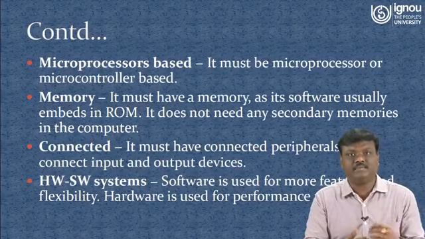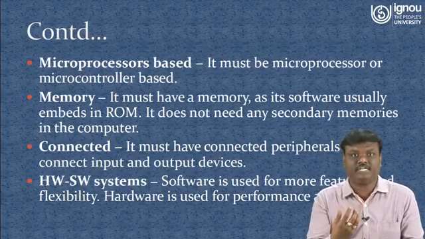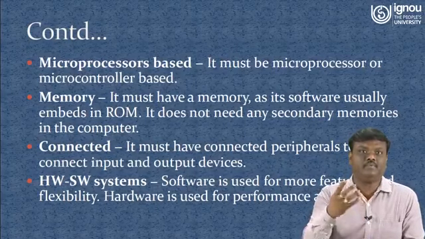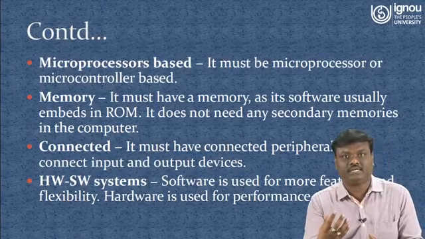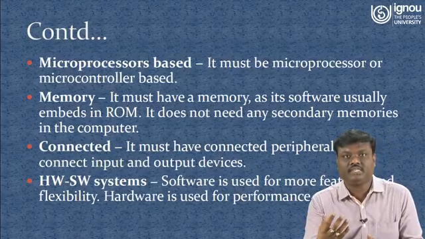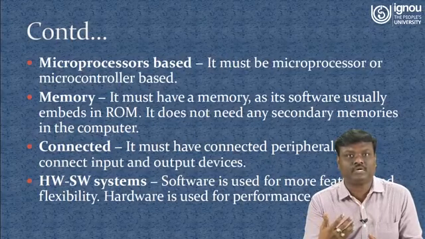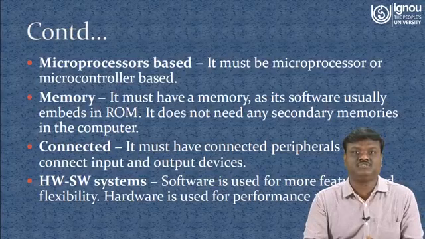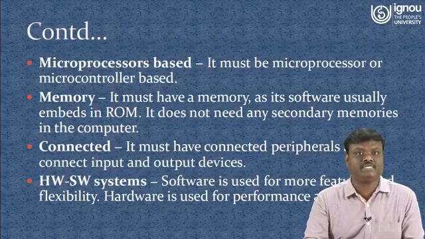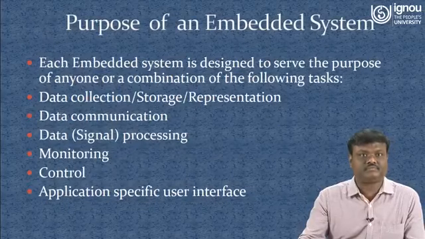There will be some parameters coming in, and those parameters will be monitored depending upon the program that is fed into that particular embedded system. Then it should react to those parameters. In hardware and software systems, software is used for more features and flexibility. Hardware is used for performance and security.